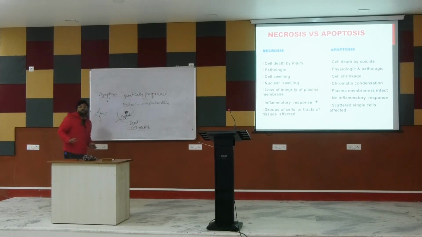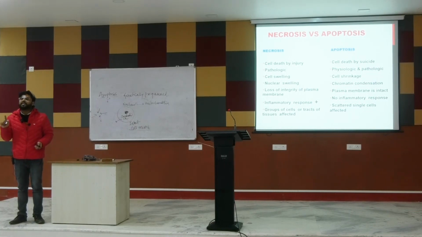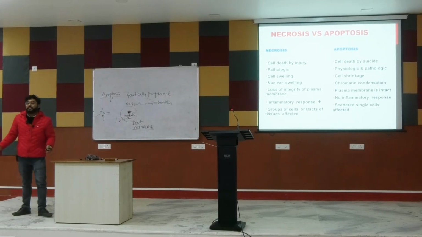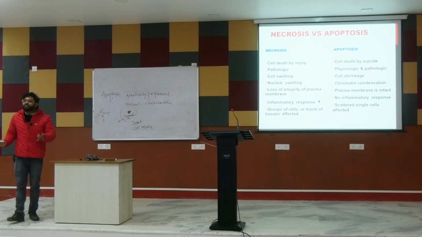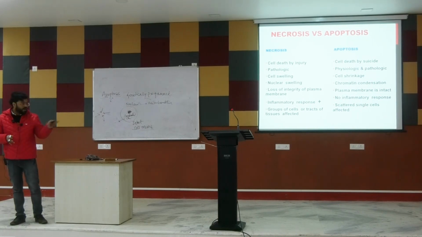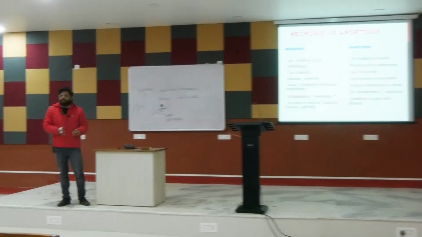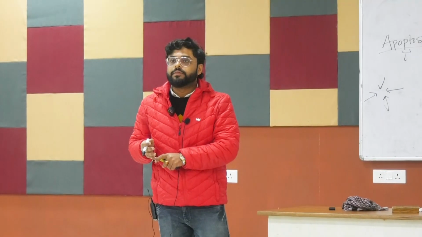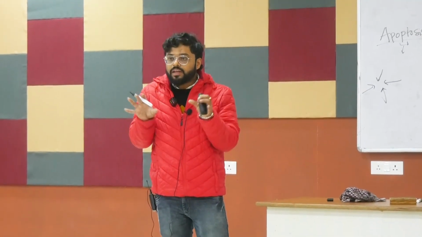Another important factor is that usually in apoptosis, one particular single cell is dying. But in necrosis, a group of cells, that is tissue, is dying, like in coagulative necrosis, liquefactive necrosis, or fat necrosis occurring in a whole organ, like in pancreatitis, or caseating necrosis in the lung.